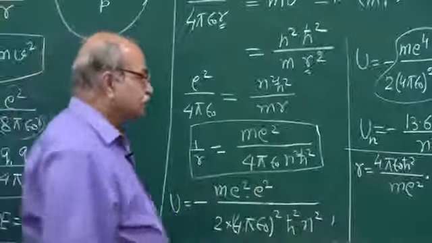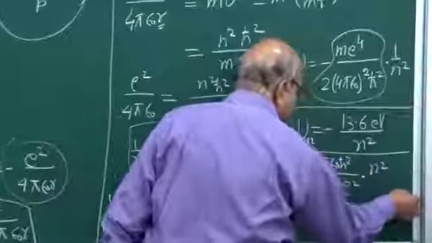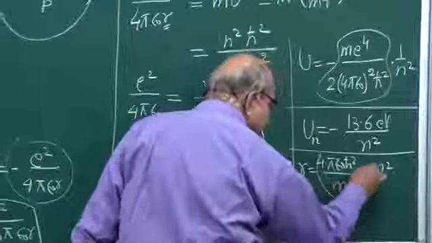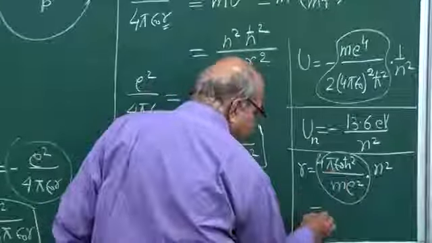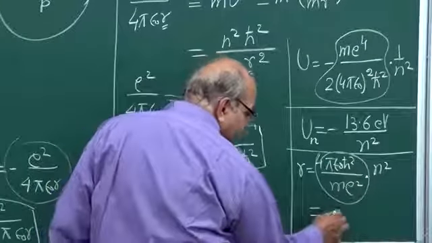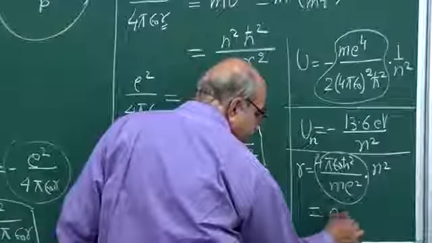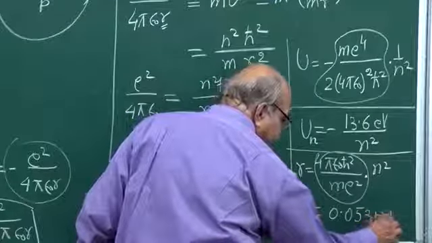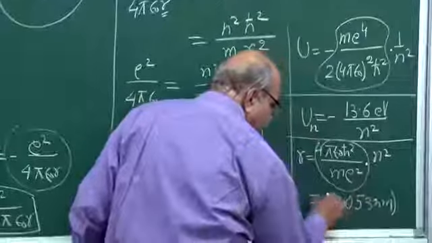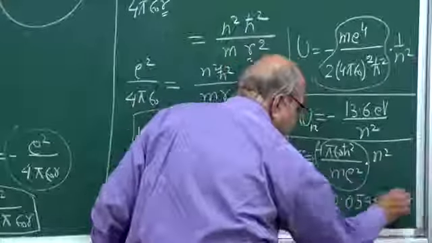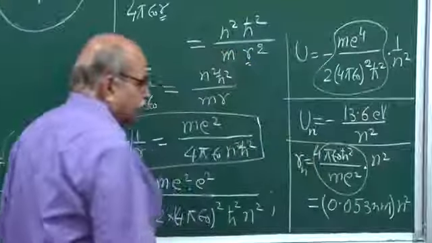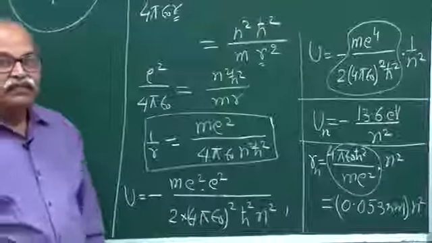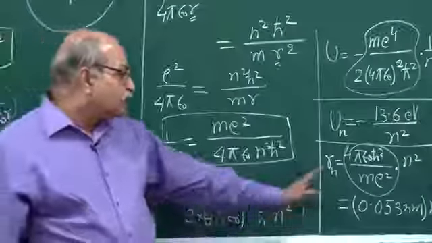So that is r. So this is energy and this is radius, and this quantity once again is just a number, and if you put in all those values, that turns out to be 0.053 nanometers times n square. So you can say this is R_n.